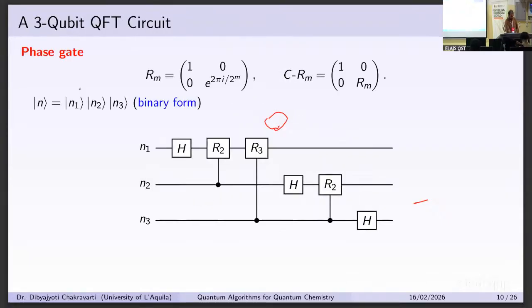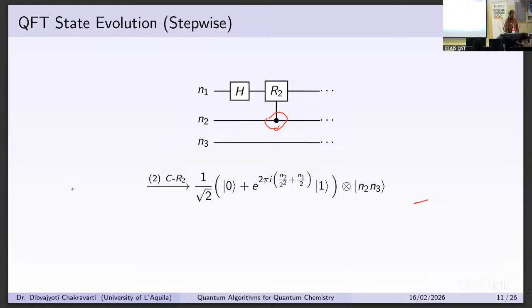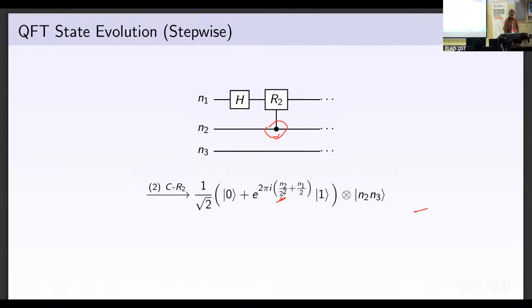Since it's the second qubit which is the control, we have a 2 squared form factor here. So the control is over n2, so n2 by 2 squared is picked up, it is rotated by this phase, and a phase is added on this one.